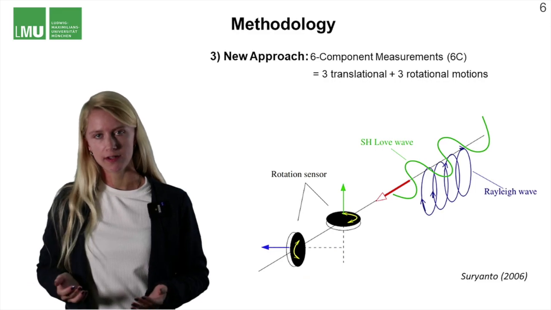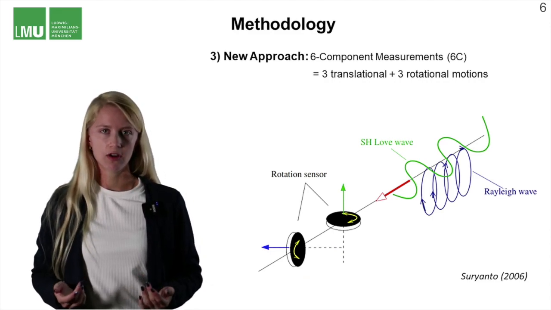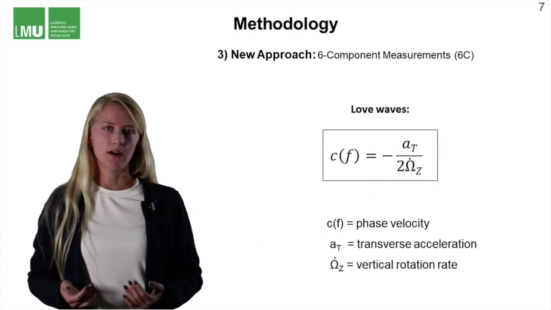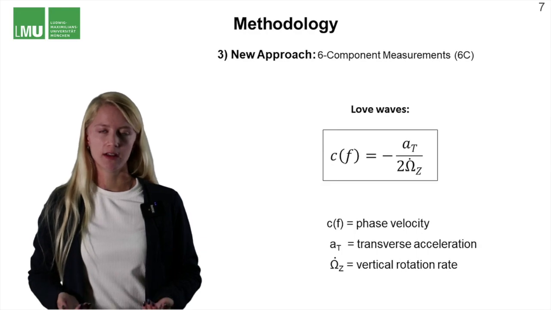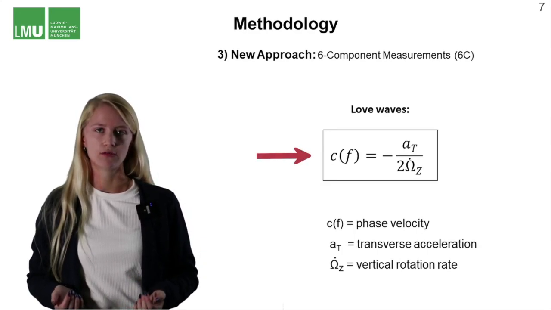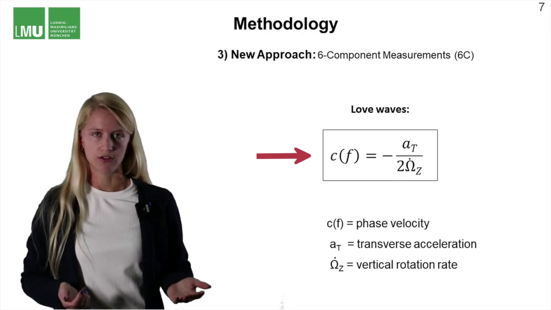Now, by exploiting the relation between translational and rotational motions, the phase velocity of the surface waves can be estimated. For example, for a plane fundamental Love wave, the phase velocity can be computed by taking the ratio of the transverse acceleration and the vertical rotation rate.